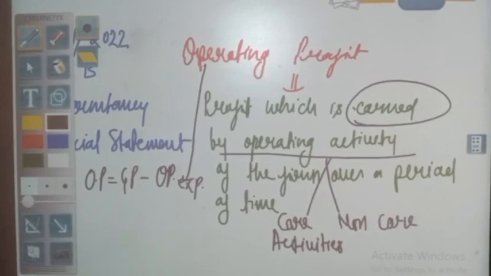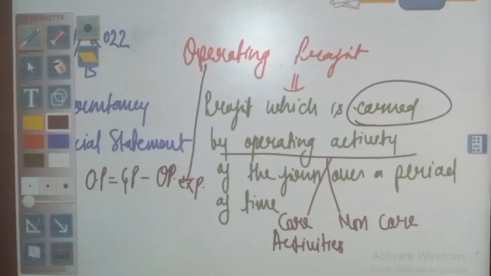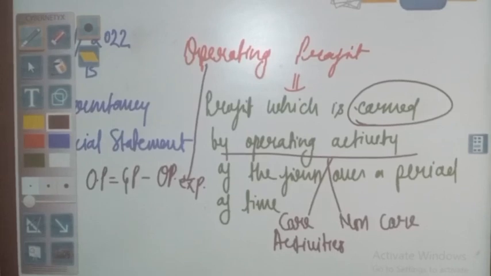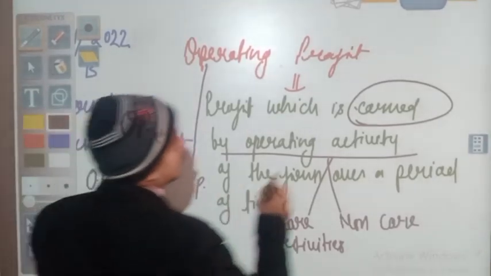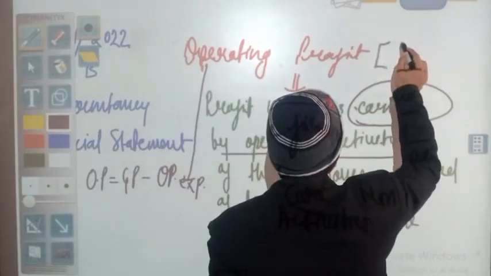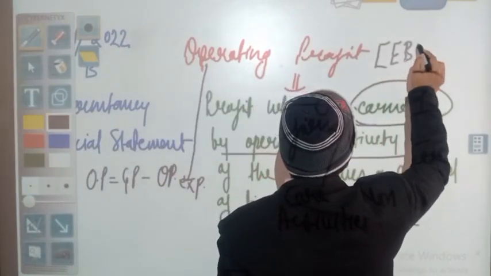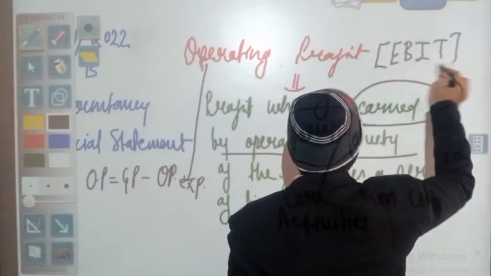If these operating expenses are deducted from the gross profit, we find the value of operating profit. I hope this concept is very much clear to you, and in this case it is also known as EBIT, earnings before interest and taxes.